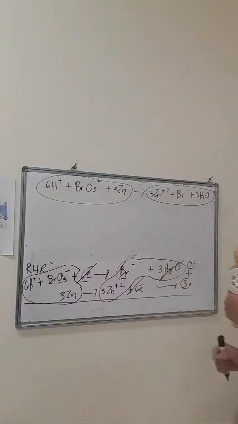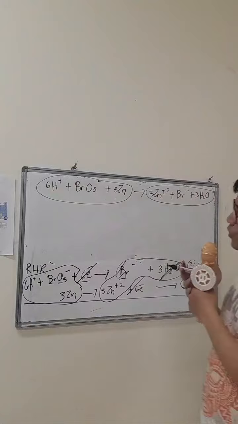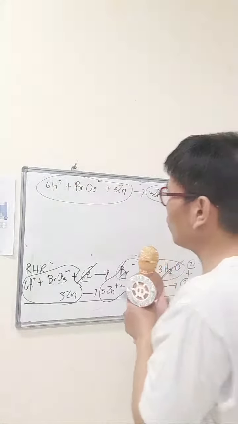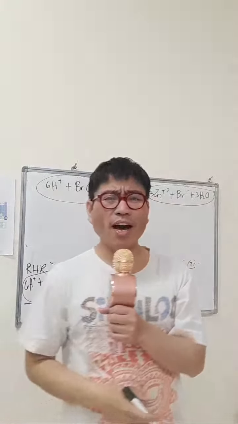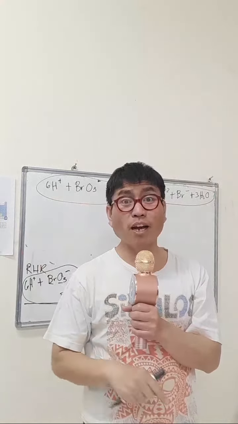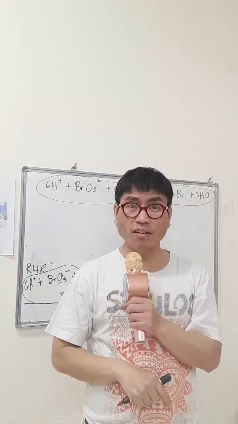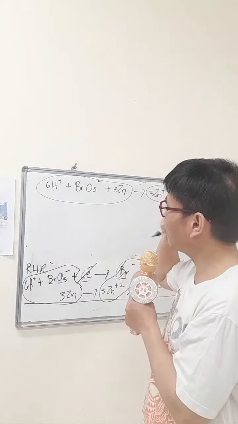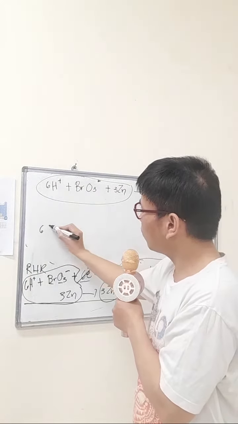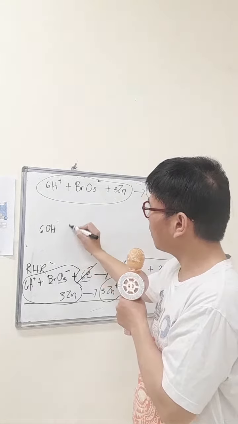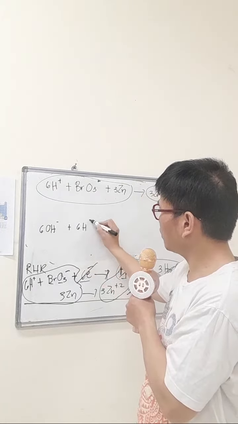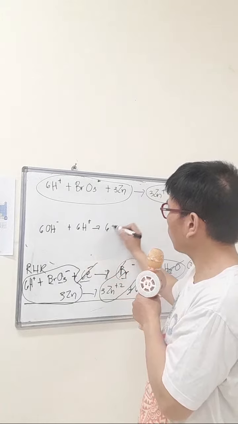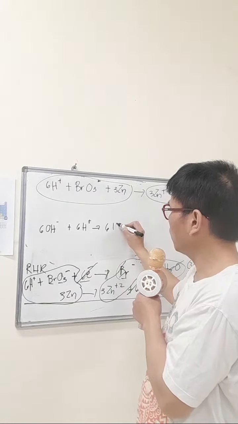Obviously you will put it first in the reactant because we have 6H. When you add H plus OH, it will become water. So we also need to add 6OH, right? So it will say 6OH negative plus 6H positive equals 6 moles of water.